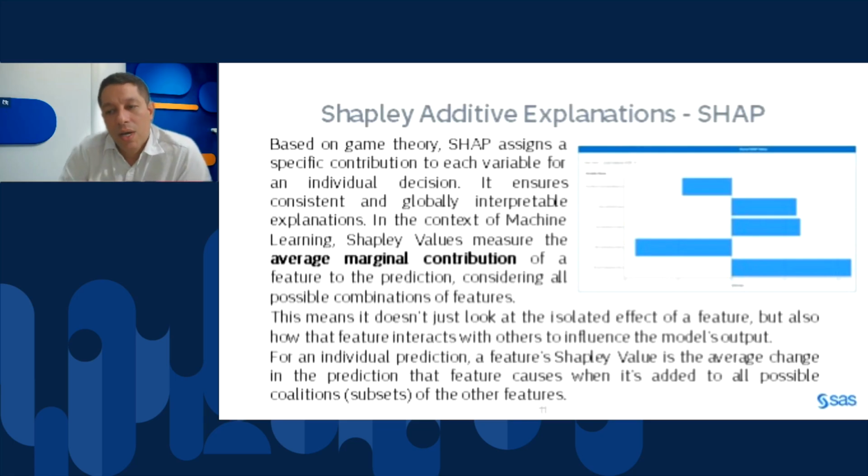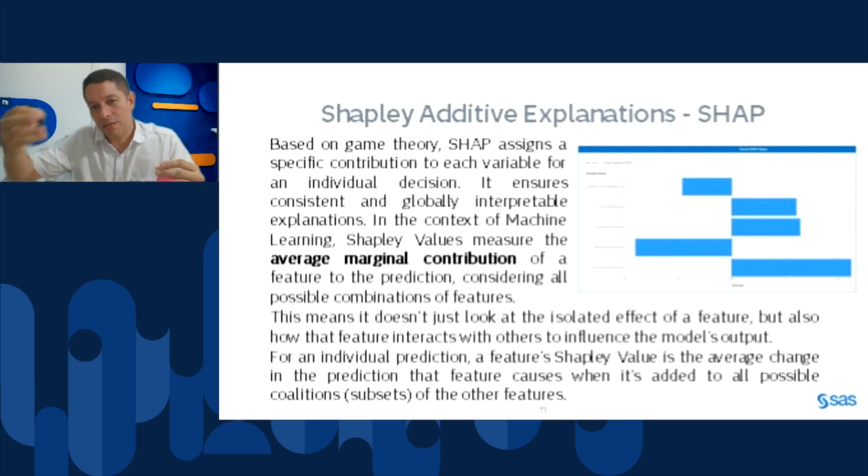Then, for example, in this example, we have here a local instance, a sample. This sample has a result emitted by the model, and then SHAP, in SASVIA hyperSHAP, shows us the contribution of each variable for that result.